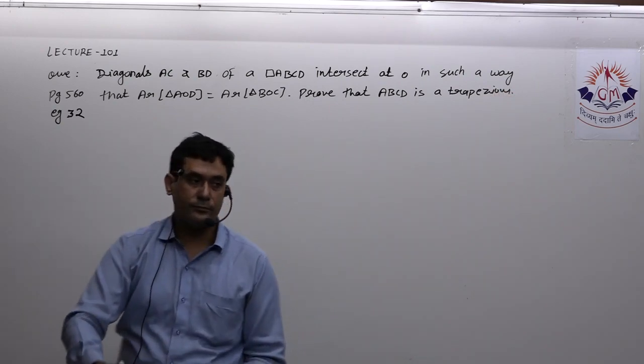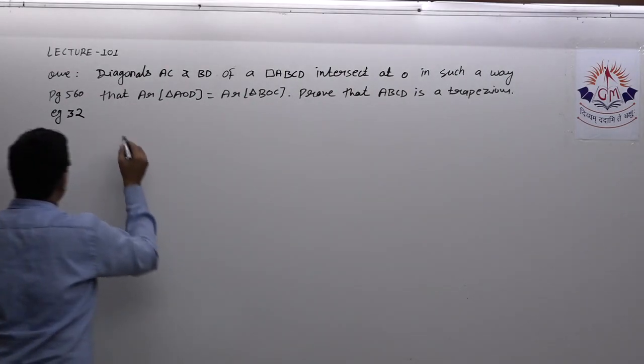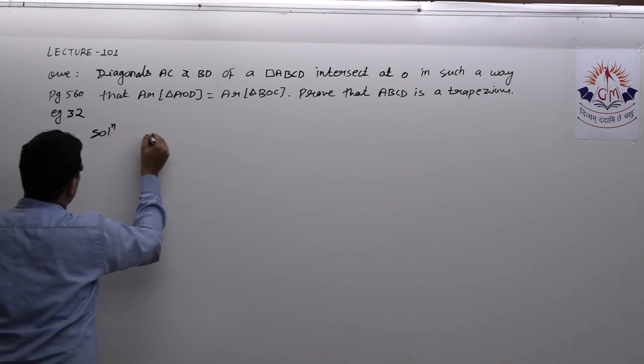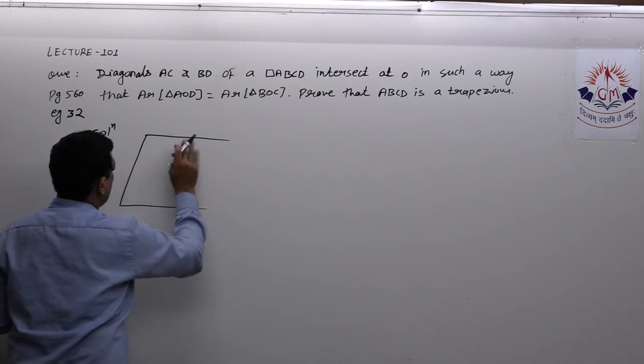Okay, so it is given that, suppose we have a quadrilateral ABCD in such a way.